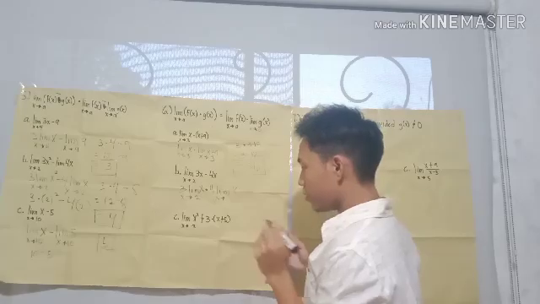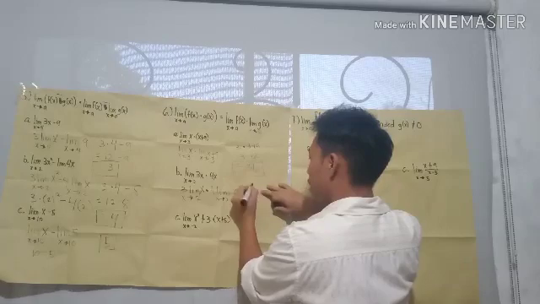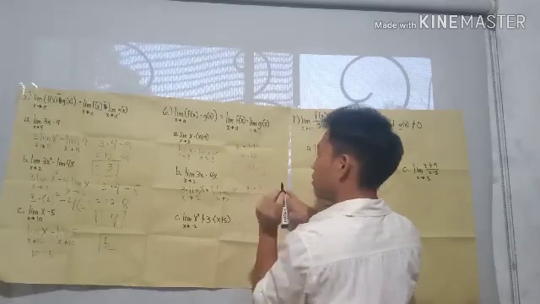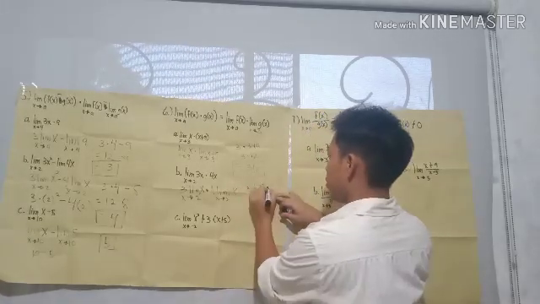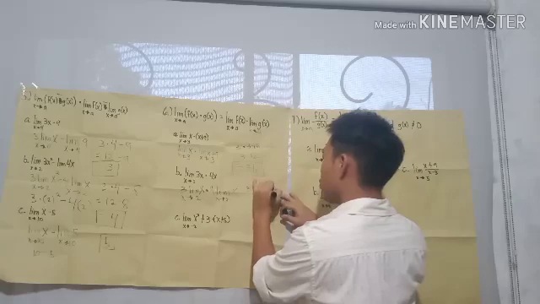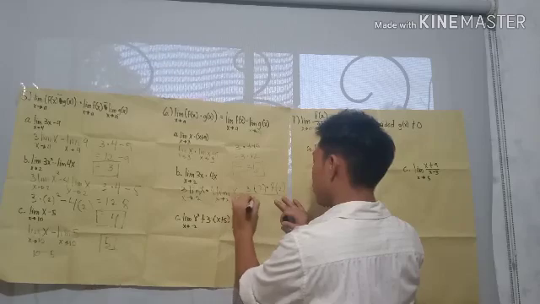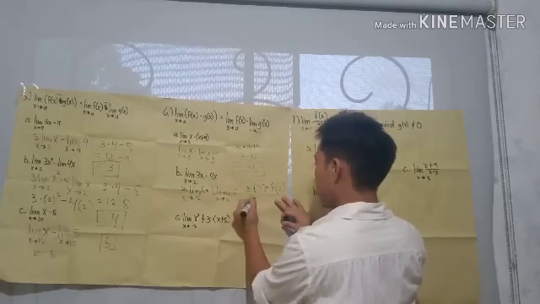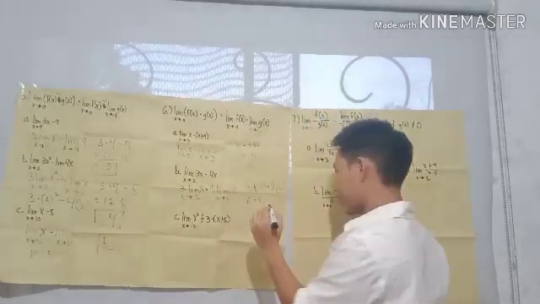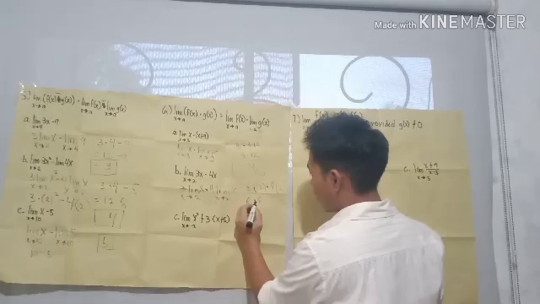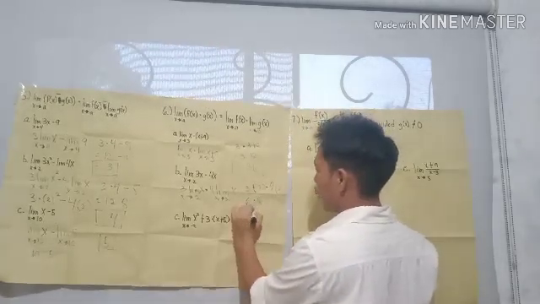So substitute the values of x, which is 2. So 3 multiplied by 2 times 4 multiplied by 2. Evaluate. 3 times 2 equals 6, multiplied by 4 times 2 equals 8. And the answer is 48.